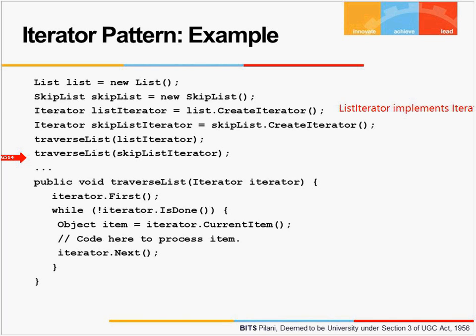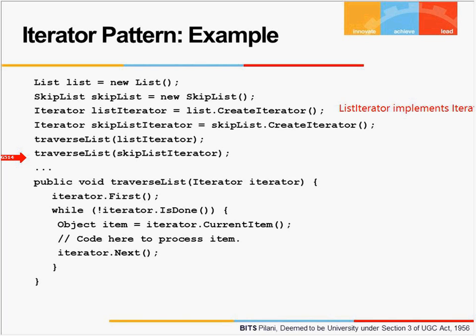So that means you are able to traverse a list based on a particular kind of traversal method, which is governed by its corresponding iterator. Because the skip list iterator is designed in that manner, you will be able to access the elements of the skip list the way you want.